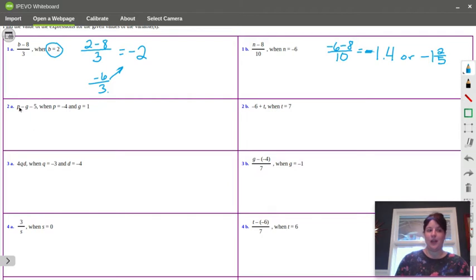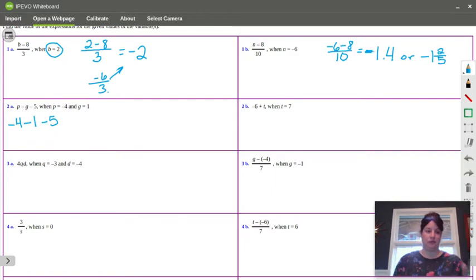Okay. So number 2A, we have P minus G minus 5 when P equals -4 and G equals 1. So I'm going to rewrite the problem. I have a P here, and I know P equals -4. So I'm going to start with -4 minus, and then we have a G, and G equals 1. -4 minus 1 minus 5.